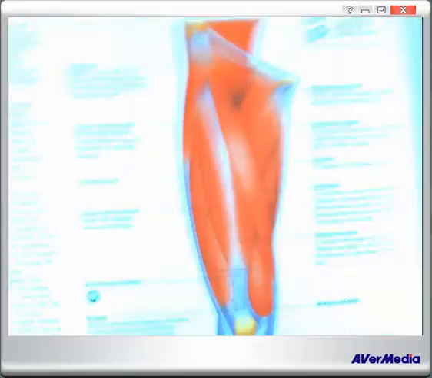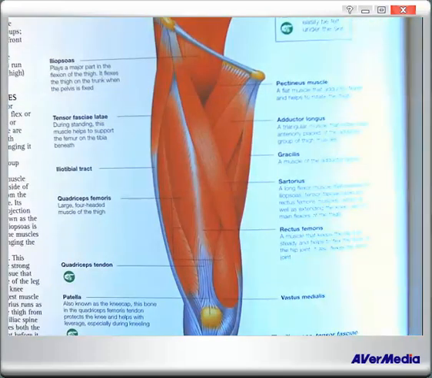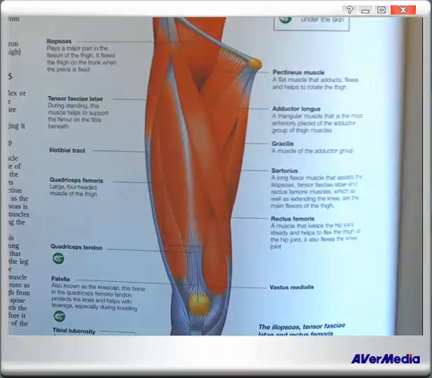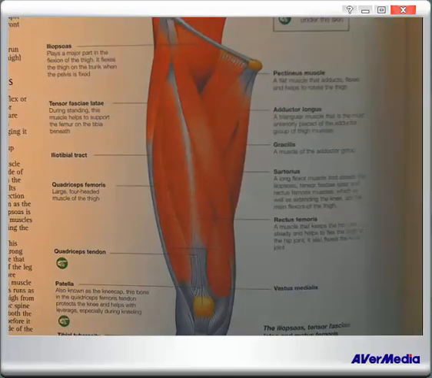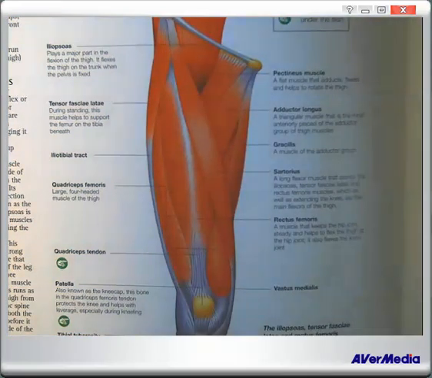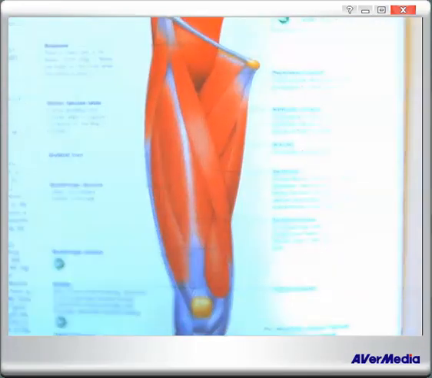So the first thing that we have to determine is, if we don't know, what are those two muscles? Okay, so let's just take a peek here. Here we have a nice little picture of the muscles of the thigh.